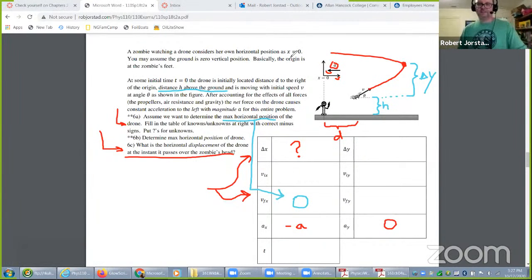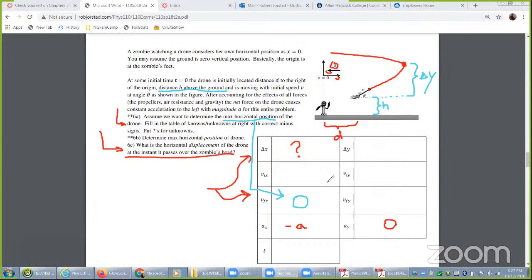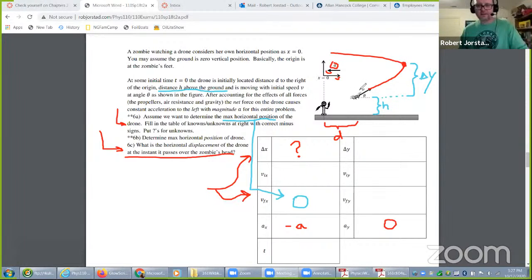Do I know the initials or not? Were they given? Yes. In this case, I gave you V and theta here, so that's known.